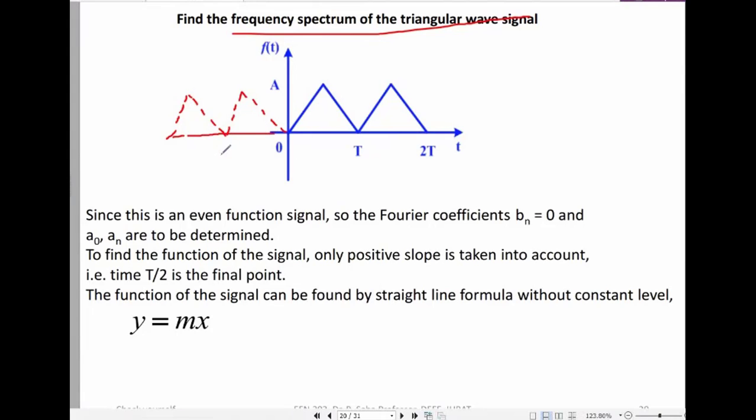Okay, so there is T, minus T. As I mentioned, from the given signal you can predict this is going to be even function symmetry because all are positive amplitude.